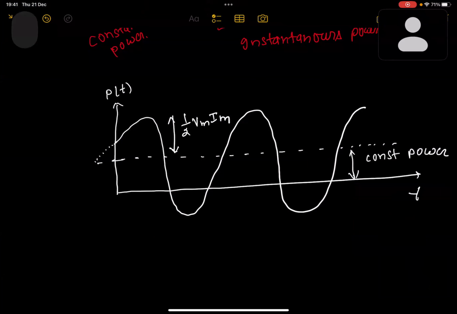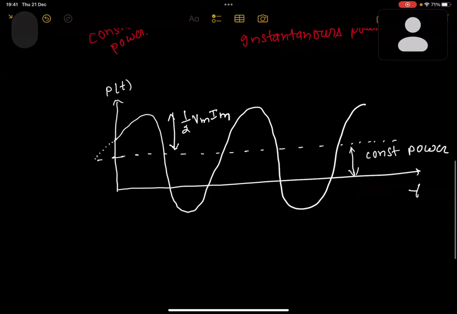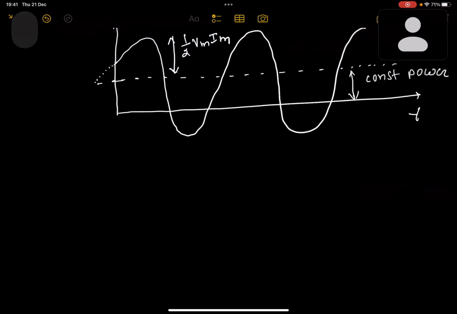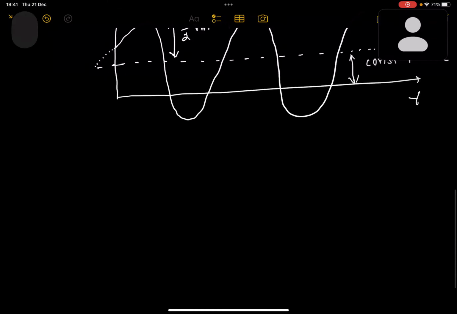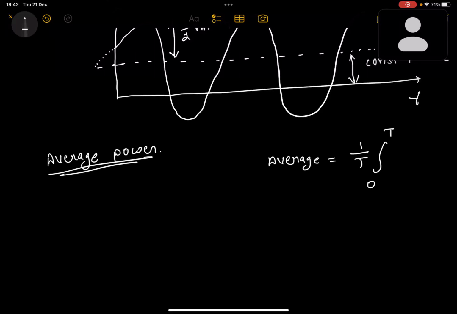Okay. Now we have to find out the average power. To find the average of anything, the average of any data is always one over the time interval, with limits 0 to that time interval, of the data, suppose x(t) dt.